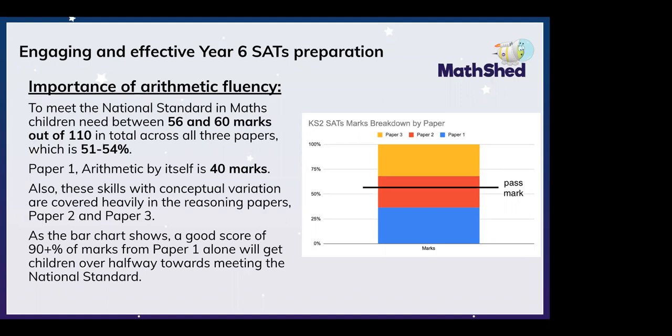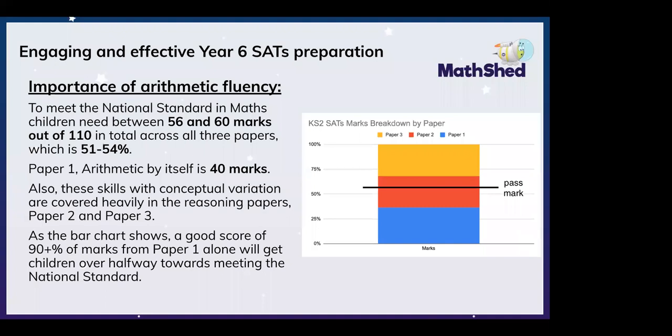So if you score really highly on paper 1, you're most of the way there. The other part is that the majority of reasoning and problem solving at primary level is applied fluency, so applying those arithmetic skills.